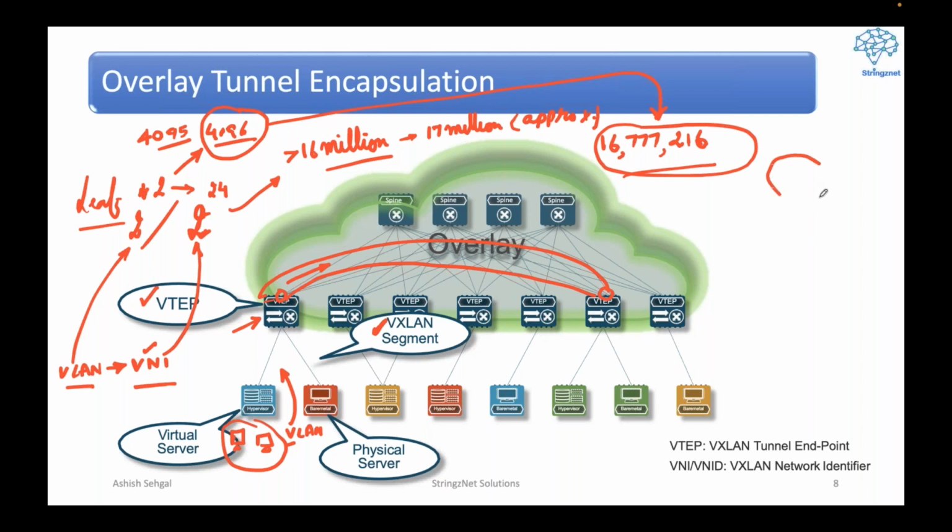It is a big question, and we need a thorough understanding of how this works and what purpose this mapping serves. That is what we are going to understand in this beautiful journey of VXLAN.